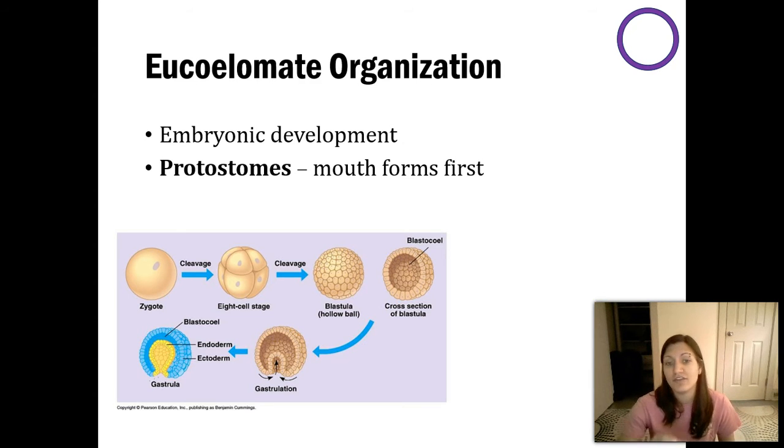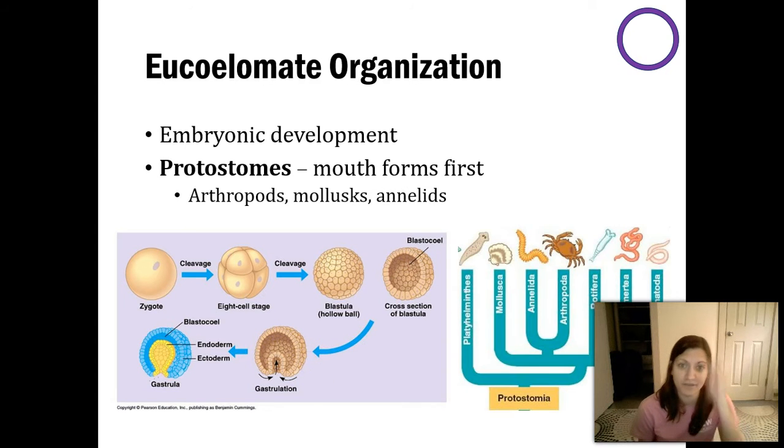And essentially, this is the first development of the digestive system. So this circle of cells is now caving in, and that caved in area is going to start becoming the digestive system. Now, if you're a protostome, that caving in that just was created is the start of the digestive system, which is your mouth. So protostomes, their mouth forms first in the digestive system.